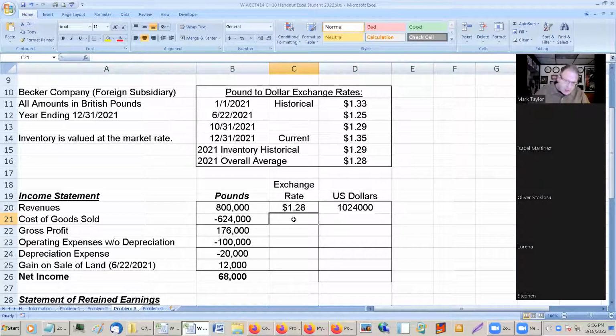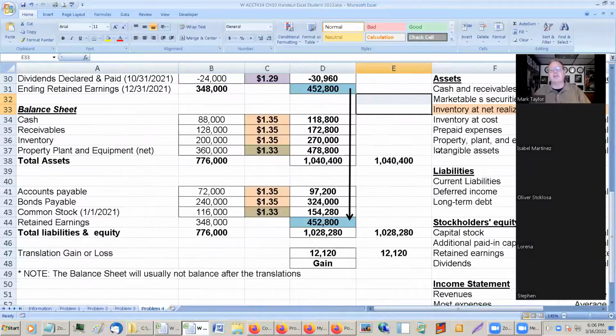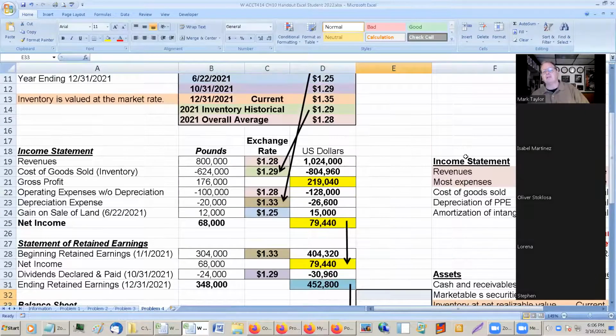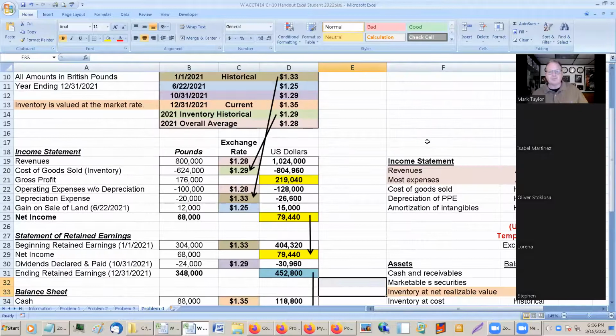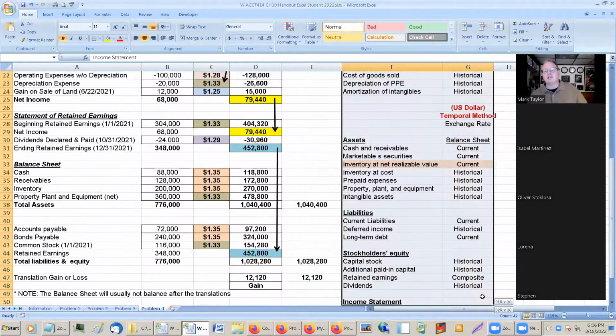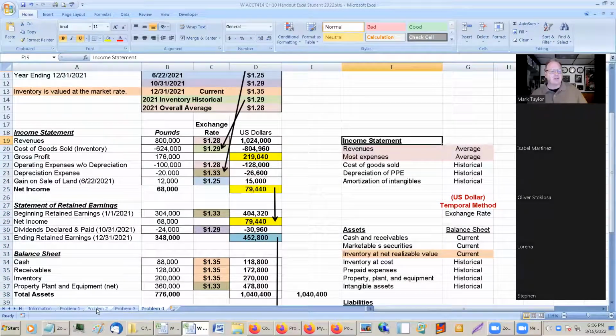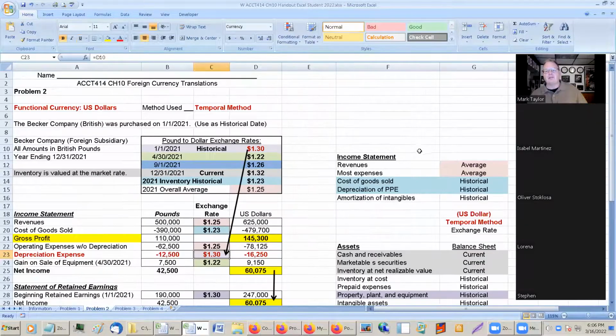And the cost of goods sold. Where's my methods? Here's my methods. F19. Can't use that one actually. Not the right one.